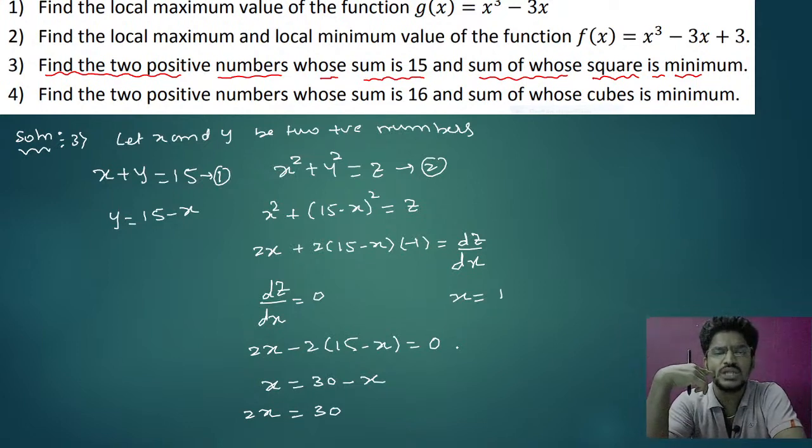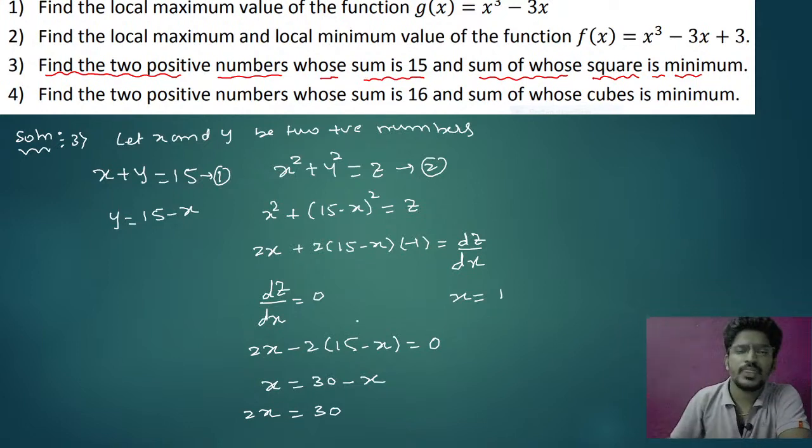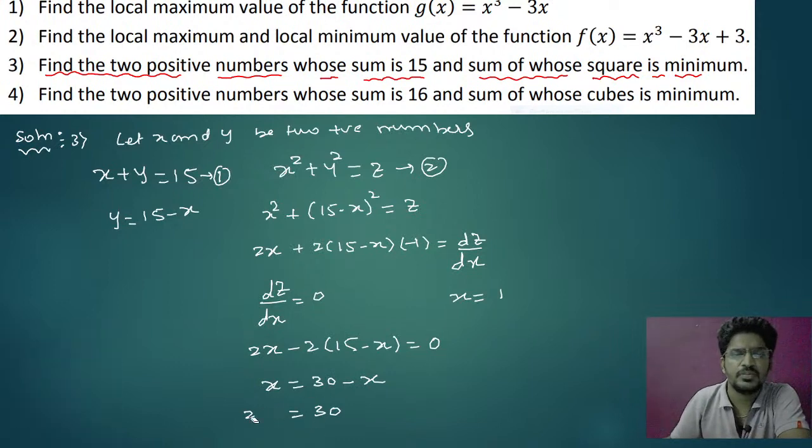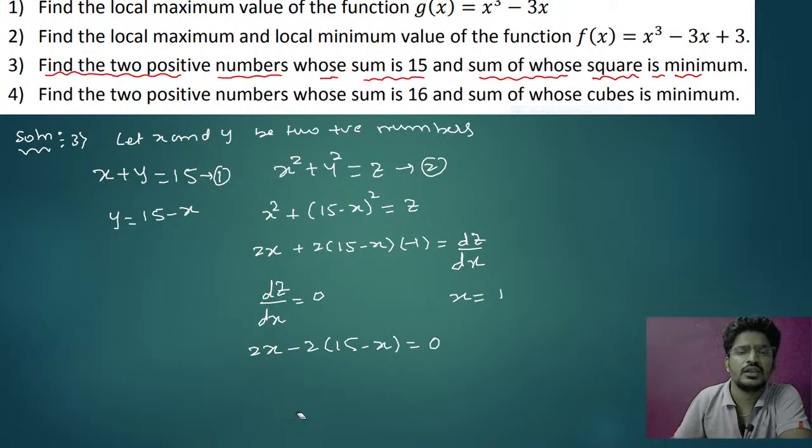Clear? Check once whether it is correct or not. Okay, let us solve it again because it is a little bit confusing at this step. No problem. So 2x equal to minus 30 plus... If it comes on this side, it will be plus 30, minus into minus is plus.